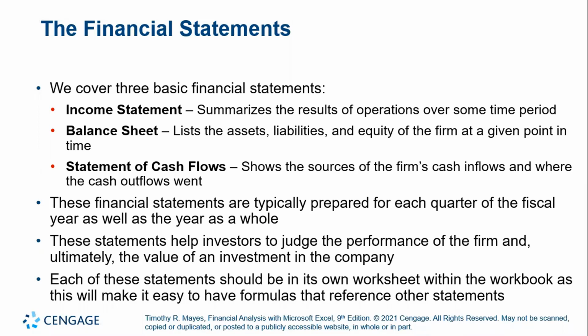Balance sheet: the balance sheet lists the assets, liabilities, and equity of the firm at a given point in time. Statement of cash flows: it shows the sources of the firm's cash inflow and where the cash outflow went.